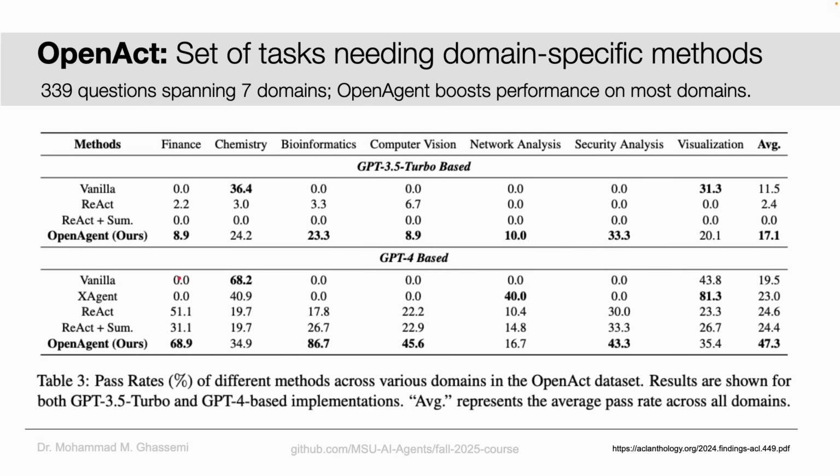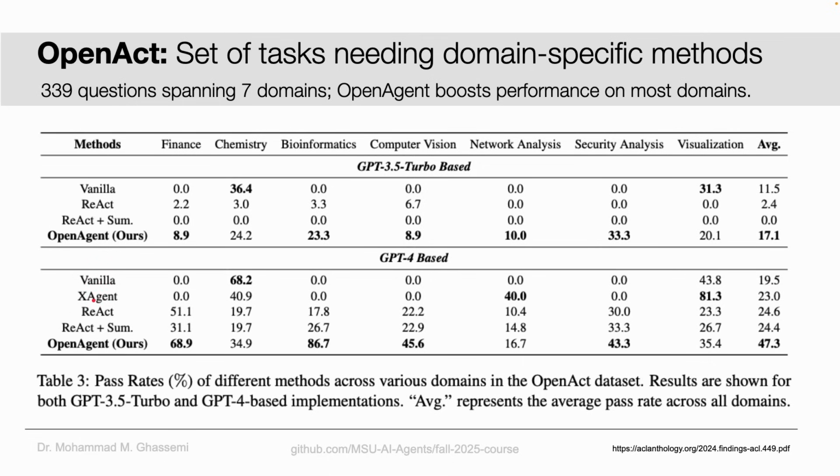Higher number is better, lower number is worse. Well, if we look at just the GPT-4 based results, with regular old vanilla GPT-4, we do okay on chemistry. We actually do quite well. A lot of these we catastrophically fail on. Visualization's okay. On average, though, look at the results. It sucks, right? 19.5 out of 100 here.